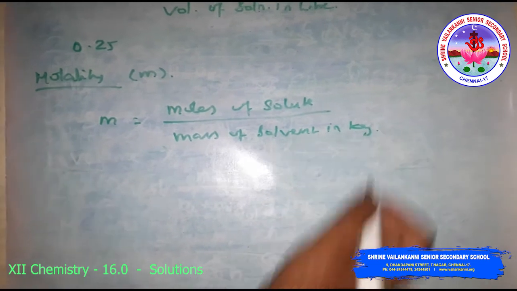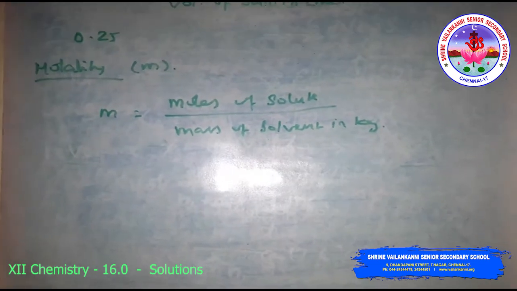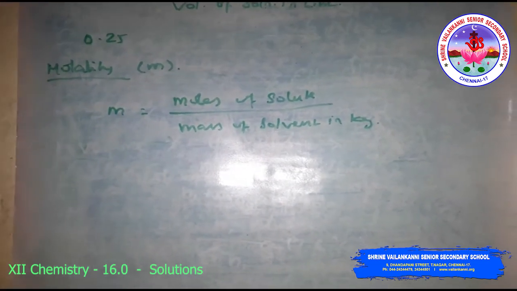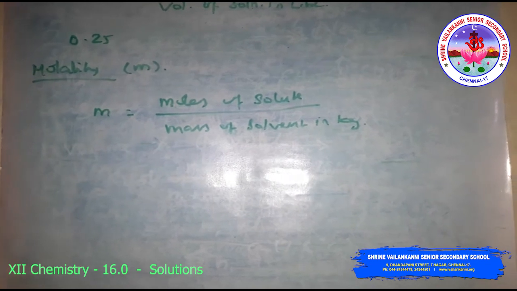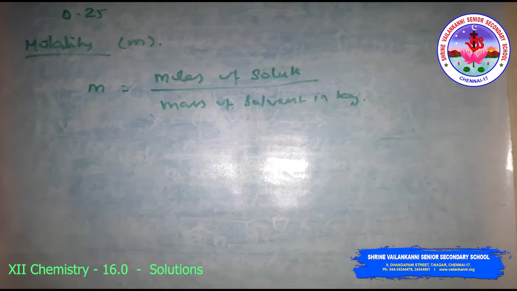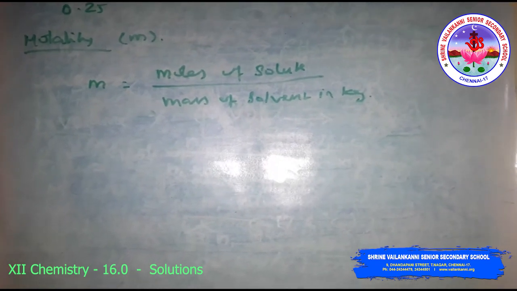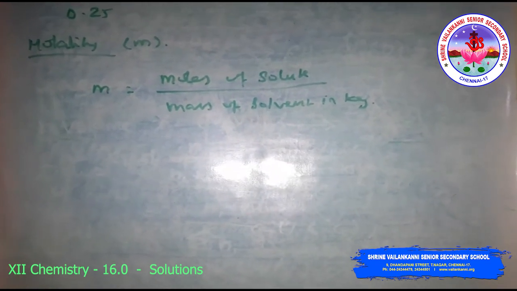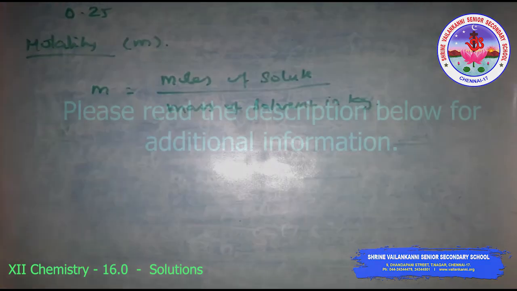Example, a 1.00 mole per kilogram solution of potassium chloride means that 1 mole of KCl is dissolved in 1 kilogram of water. This is molality. Next we will discuss solubility.